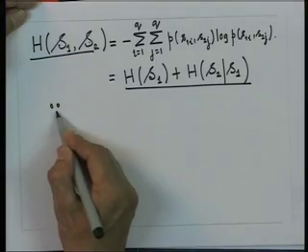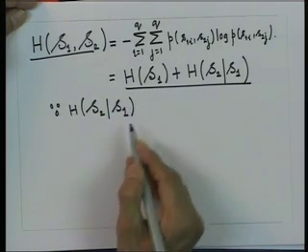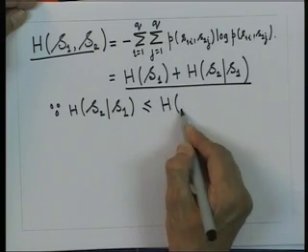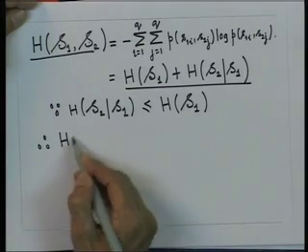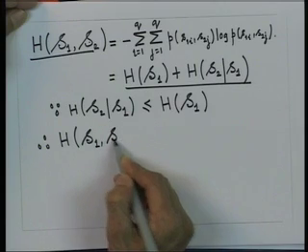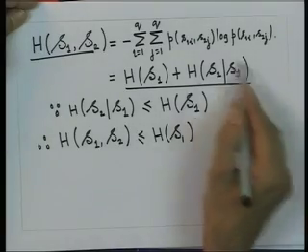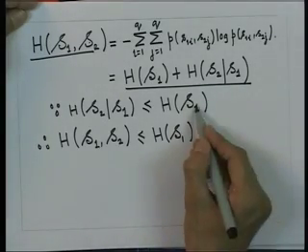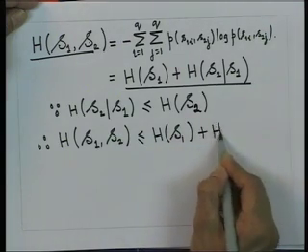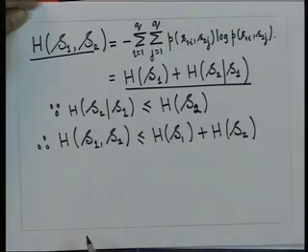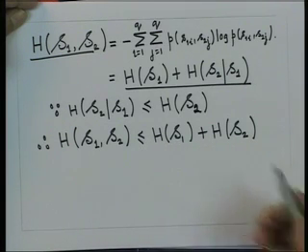Now, we have also seen that because H of S2 given S1 is always less than or equal to H of S2, therefore H of S1 S2 is always less than or equal to H of S1 plus H of S2, which we have derived.